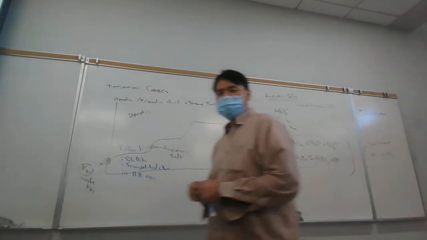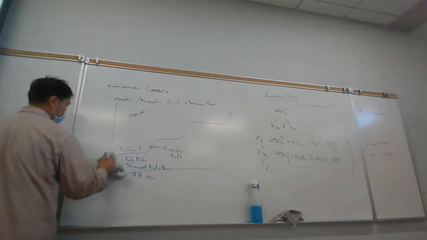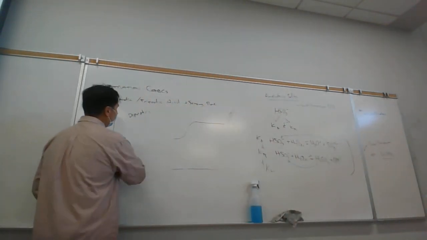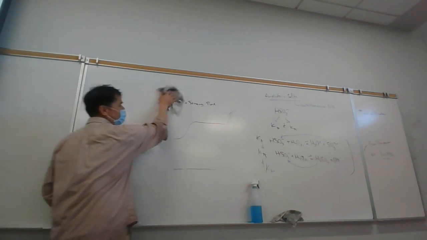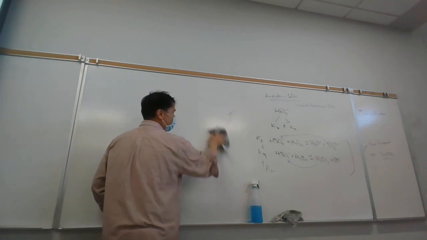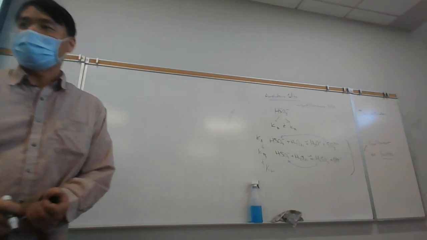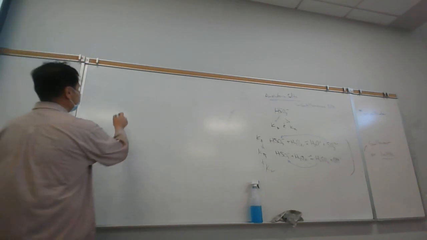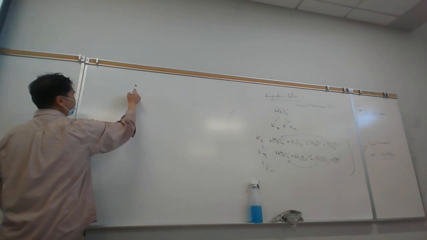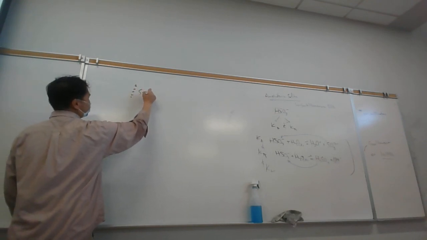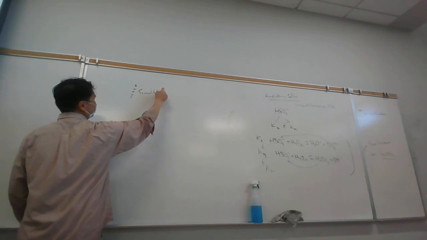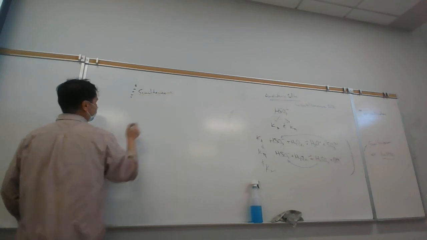Fortunately, somebody else has solved this for you simultaneously and come up with a very simple equation. Initially, this looks like a nightmare to solve. But you do all this simultaneous work, you make some assumptions, and you come up with a very simple equation.